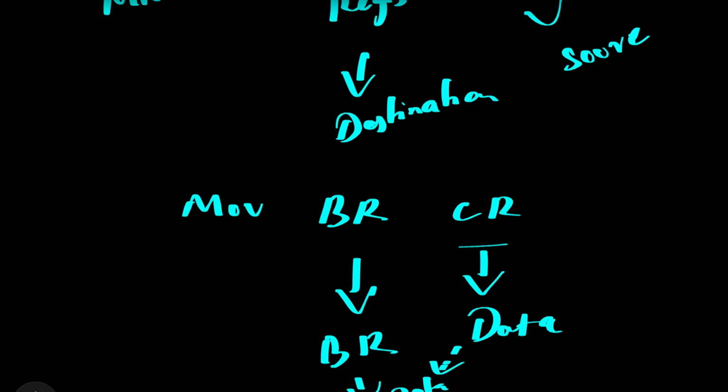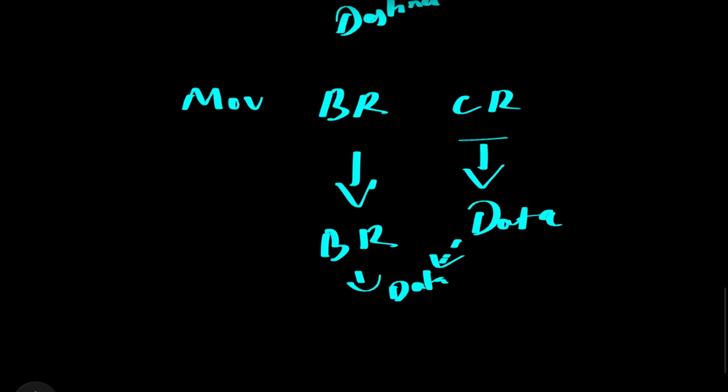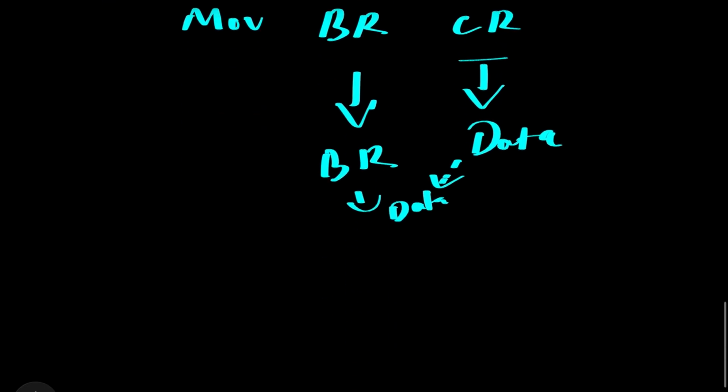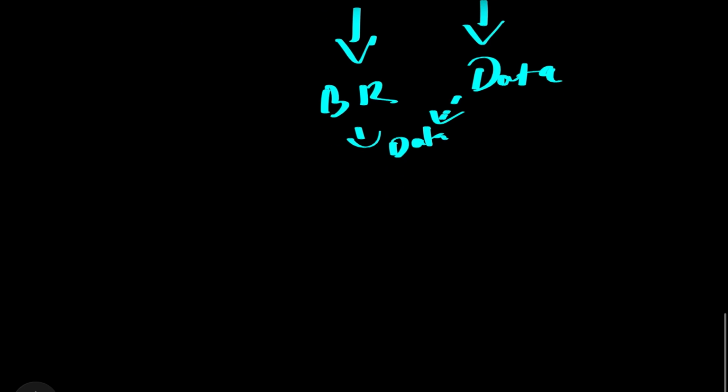So now the data will be coming over here. This is a different memory addressing mode, in terms of how the assembly language instruction works. The CPU understands this.